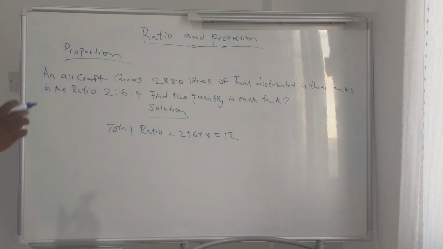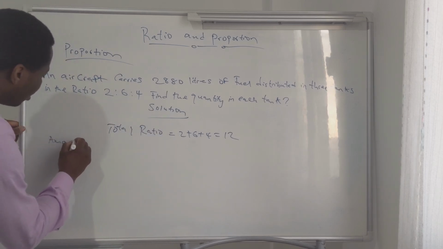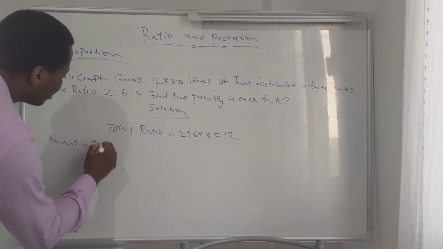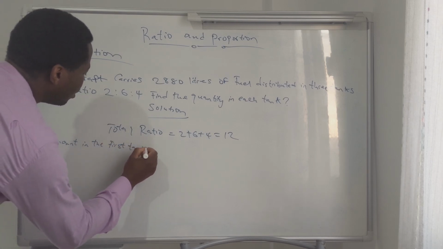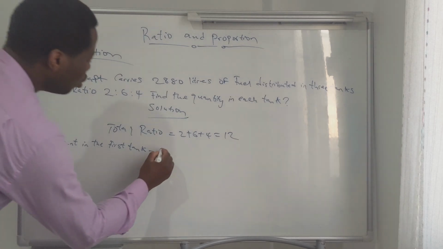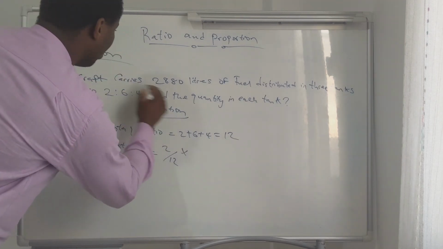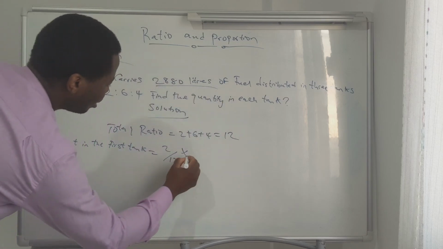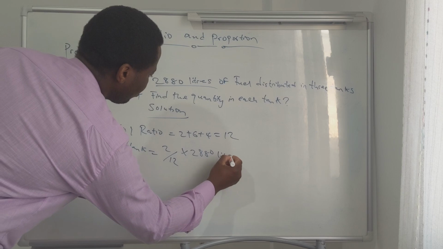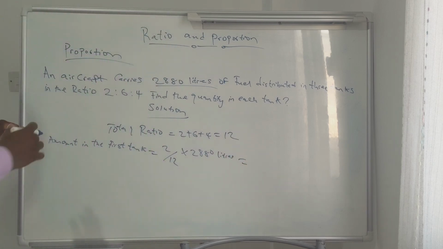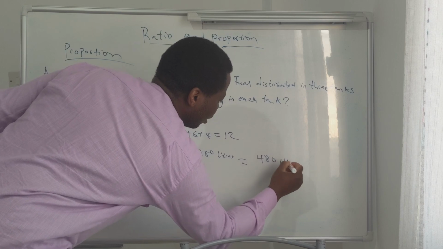The amount in the first tank is equal to 2 over the total ratio, multiplied by the total number of liters, which is 2,880 liters. Once you punch it in your calculators, you're going to get 480 liters.